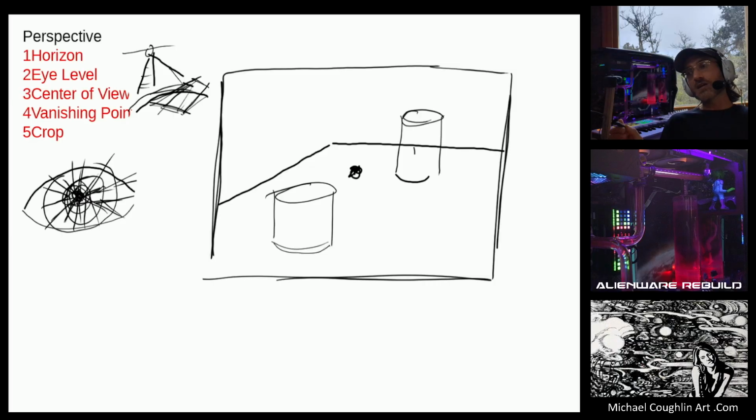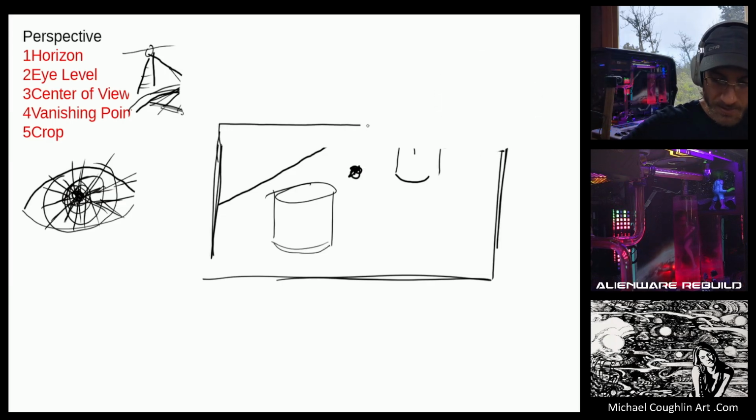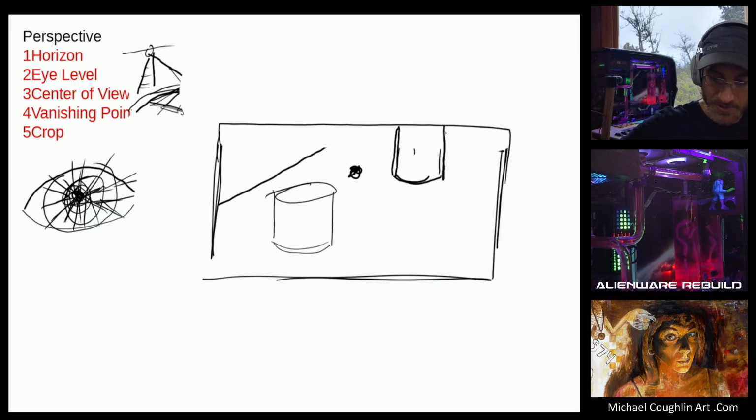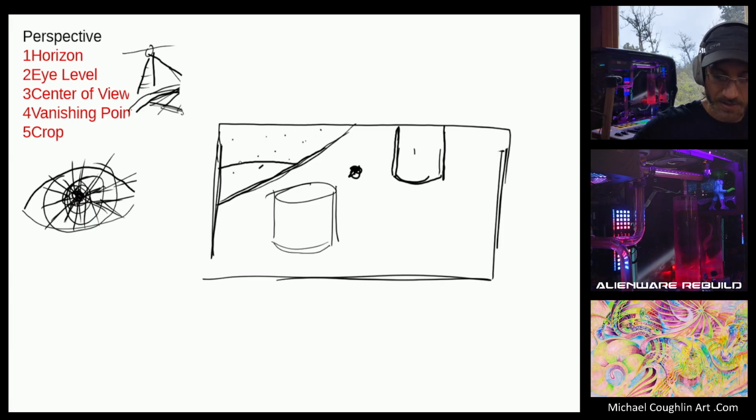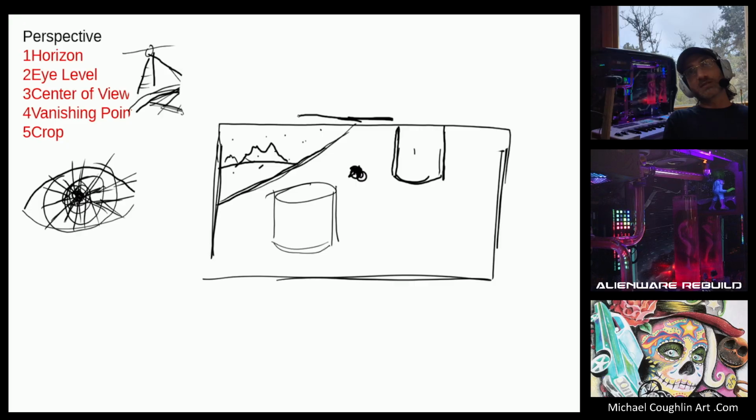No, not necessarily, because you can do a thing called cropping. I can crop this picture to be right here. Okay? So this water can is actually extending off of the page. Let's say this is space over here because you can't see the land, or we'll give it a little bit of land, a couple of mountains. Look, the center of view was right here, but it's not anymore because he cropped it.